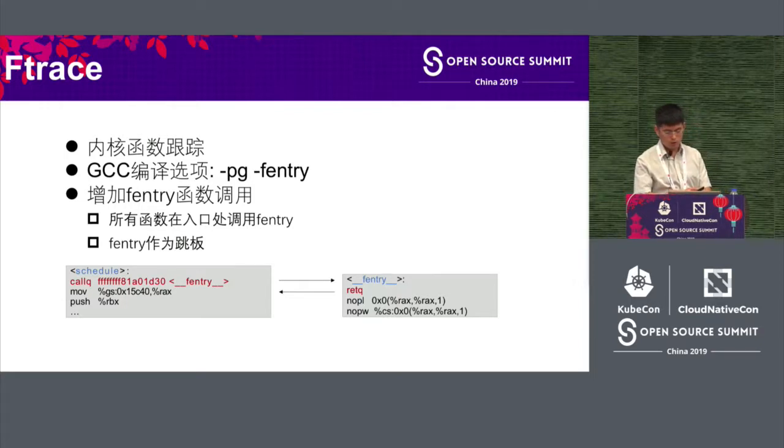It can help us dynamically trace kernel functions, for example, information about the stack and tracing latency, such as if an interrupt is occupied or blocked.